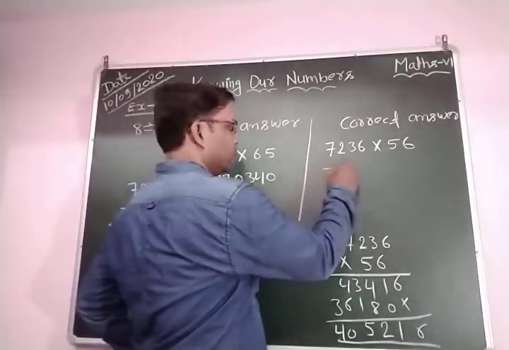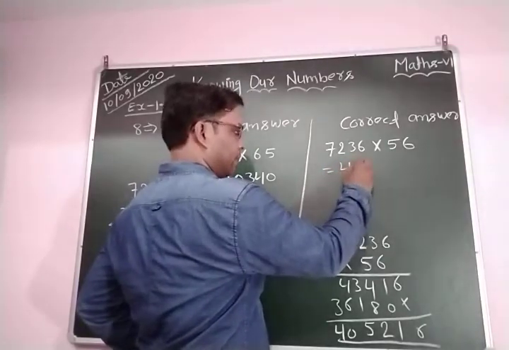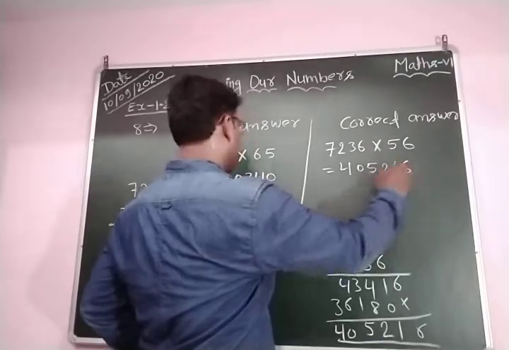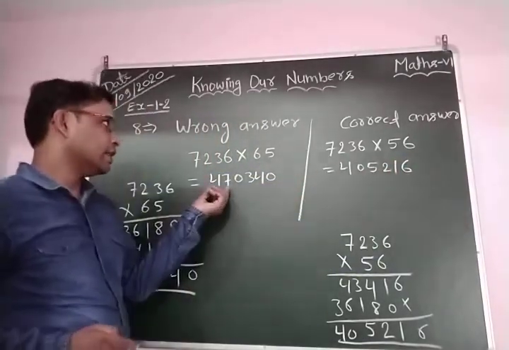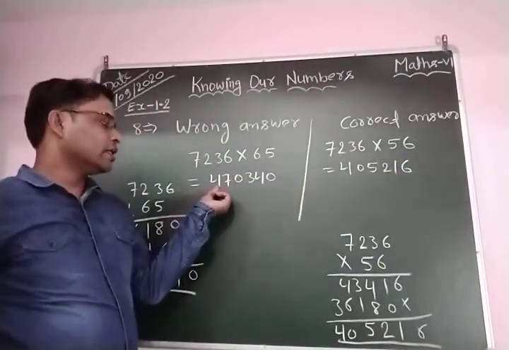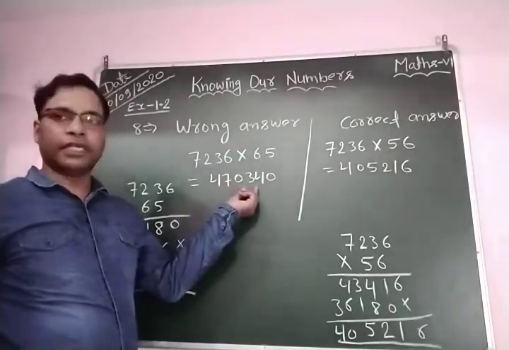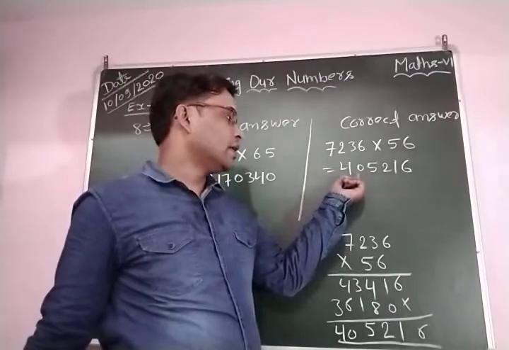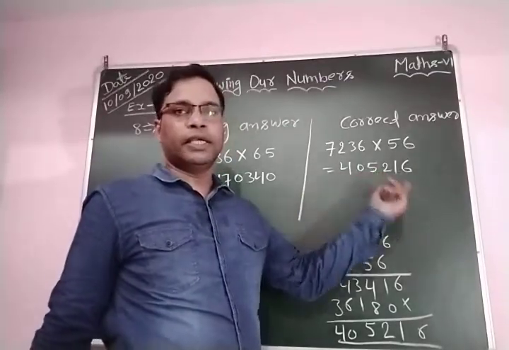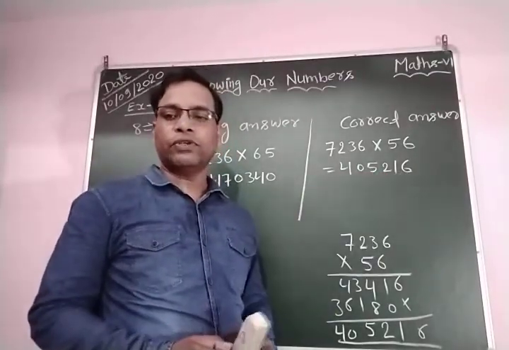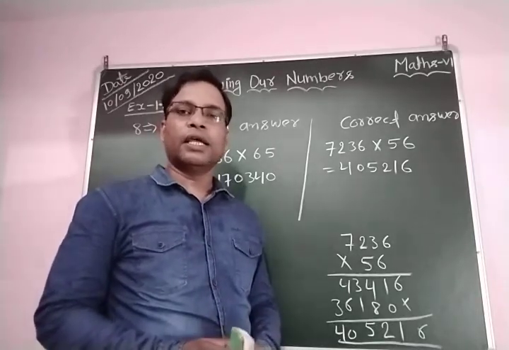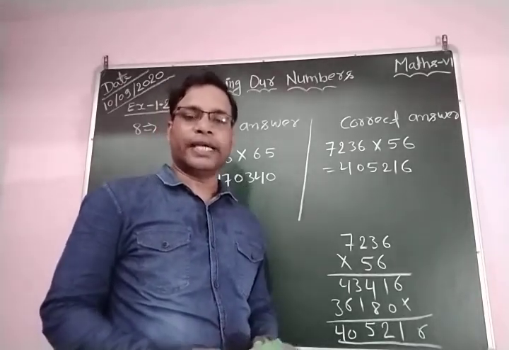This is equal to 4,05,216. Here the wrong answer is 4,70,340 and the right answer is 4,05,216. So we need to find the difference between the wrong answer and the right answer.